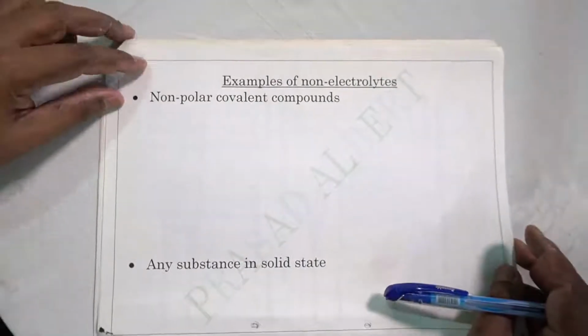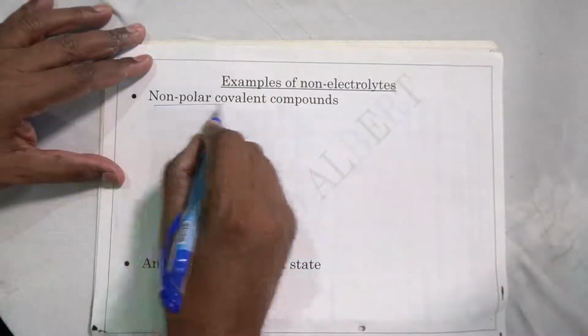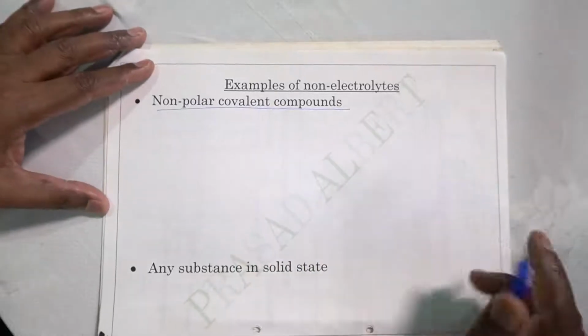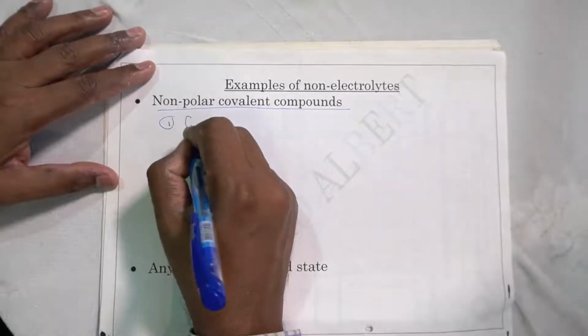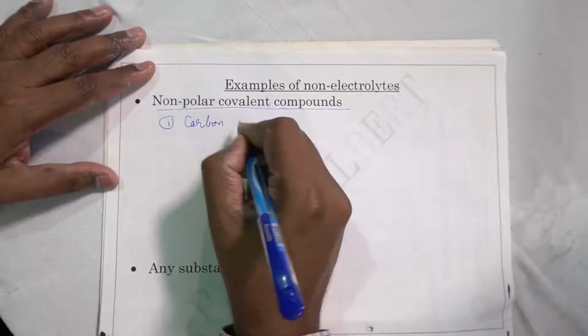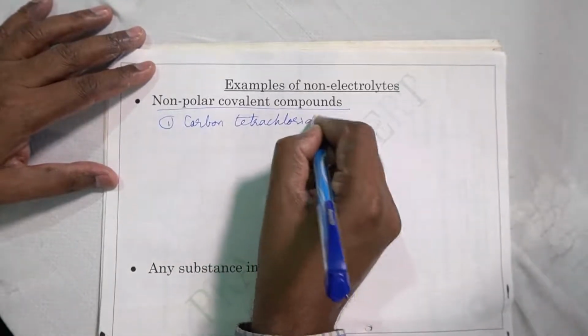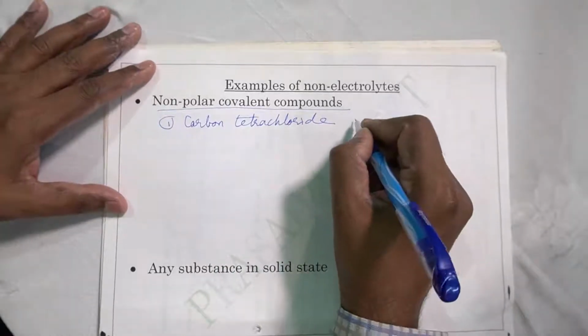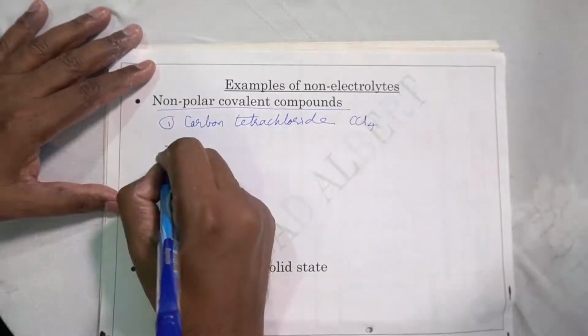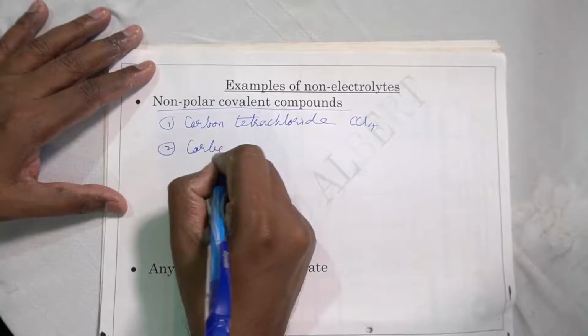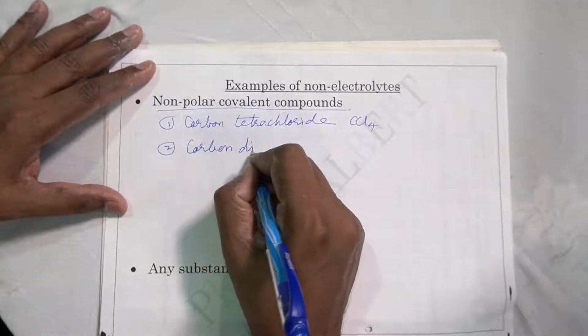Now the next is examples for non-electrolytes. Non-polar covalent compounds are non-electrolytes. What are the examples? We have carbon tetrachloride, CCl4, and carbon disulfide, CS2. These are the most common examples for you.